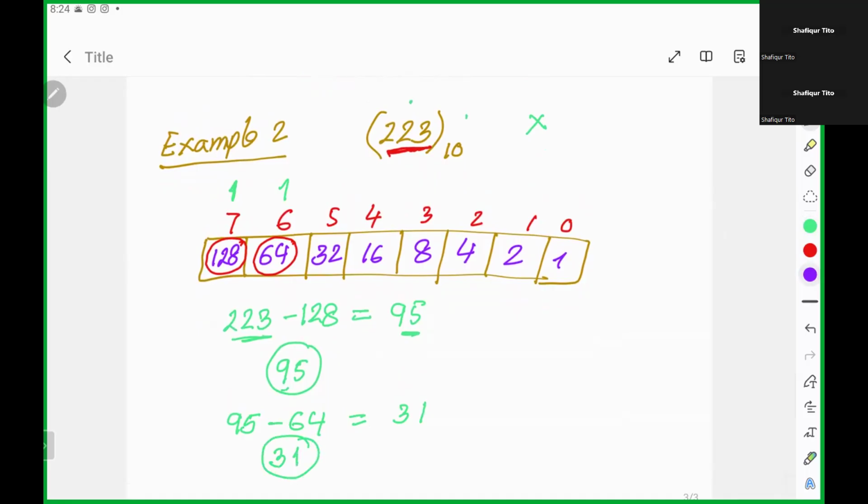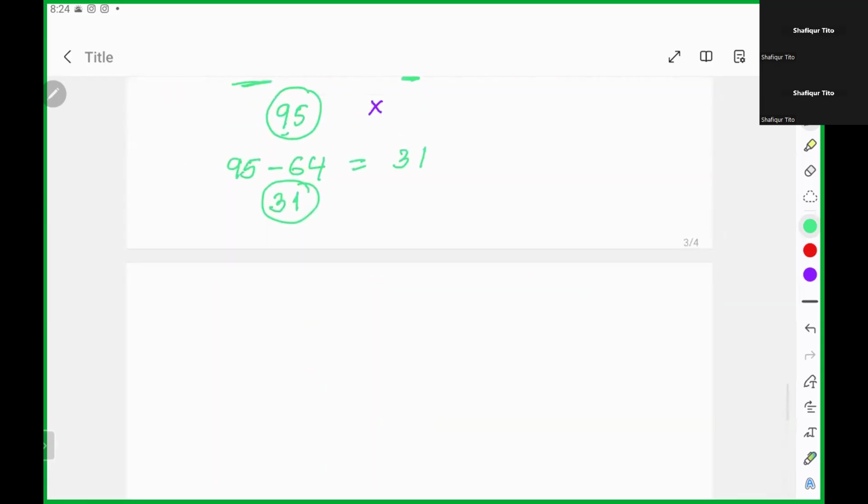Now I need to forget about this one. So with this 31, the highest number smaller than 31 will definitely be 16. So this bit will become equal to 1. Okay, so now we have found our next number. So 31 minus 16 will be 15.